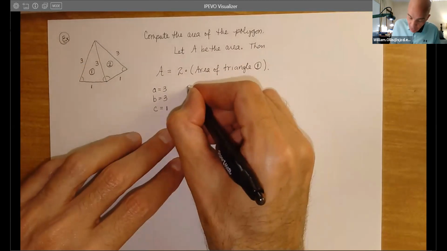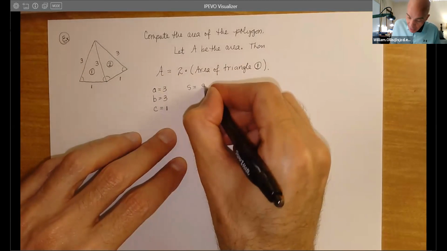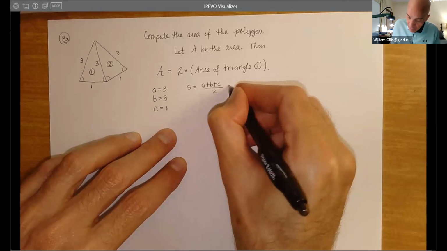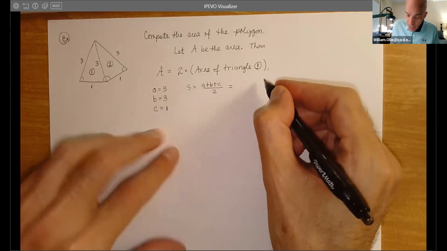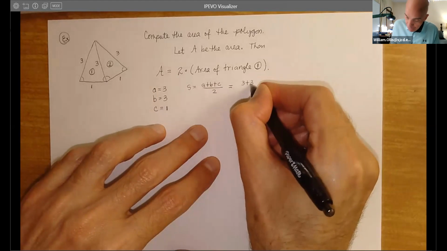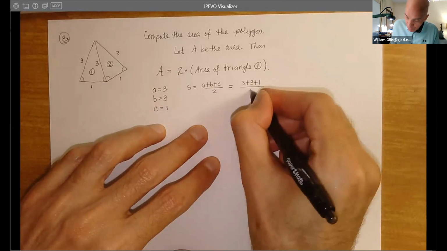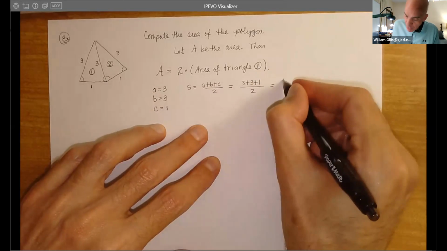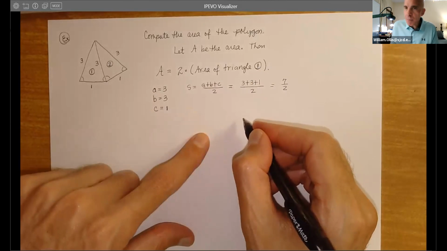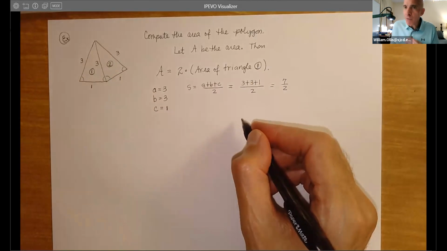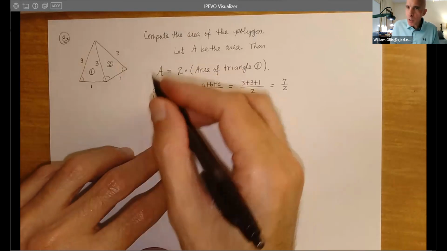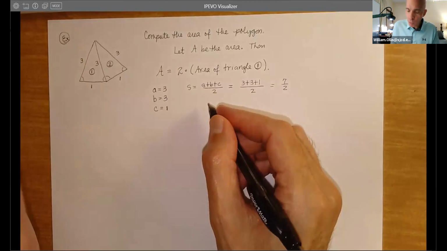And so now semi-perimeter is A plus B plus C divided by 2. This just gives you a different approach. So we have 3 plus 3 plus 1 divided by 2. And that'll give us 7 over 2. So there's our semi-perimeter. So I'm going to just do this in pieces like we're doing the quadratic formula. Maybe it's a little bit easier than trying to do everything linearly, just to check your work.